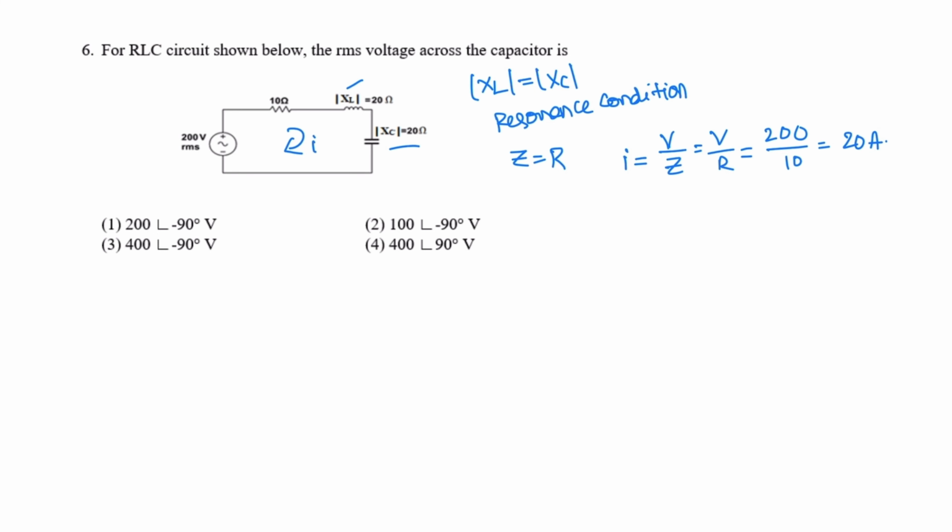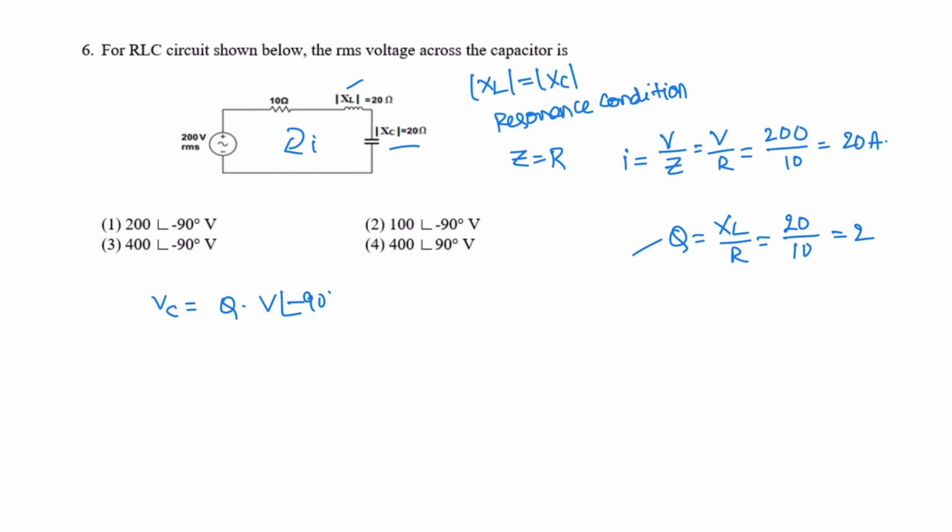At resonance, the voltage across the capacitor is the quality factor times the total voltage at an angle of minus 90 degrees. The quality factor Q for this series RLC circuit is XL by R. XL is 20 and resistance is 10, so the quality factor of the circuit is 2.